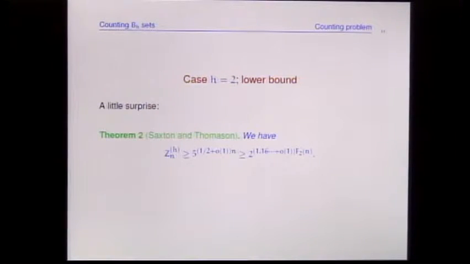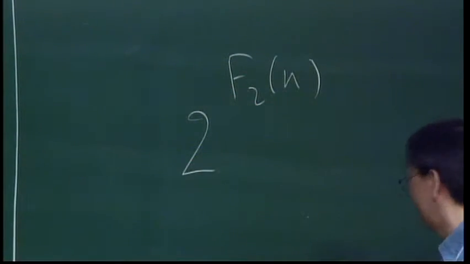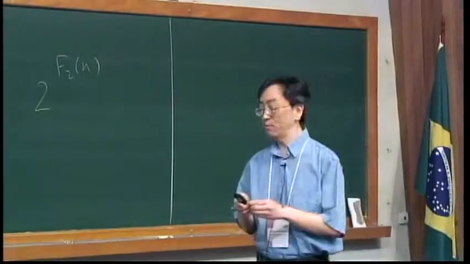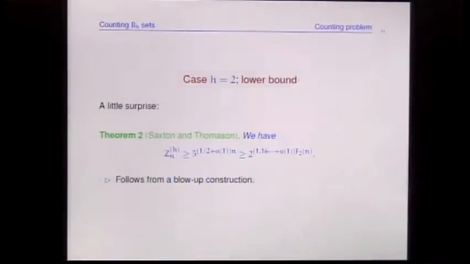So there's some coefficient bigger than 1 that you can put here. This is the result of Saxton and Thomason. This is proved by some blow-up construction. It's not particularly difficult, but okay. So we know that we cannot have precisely the lower end of that range as the bound, at least for Sidon sets.